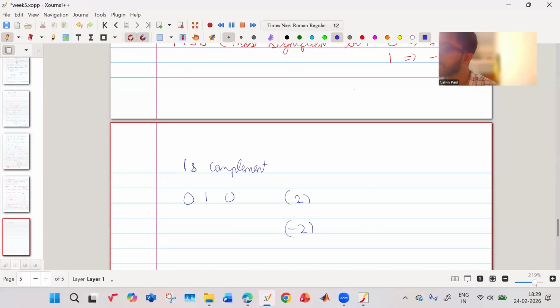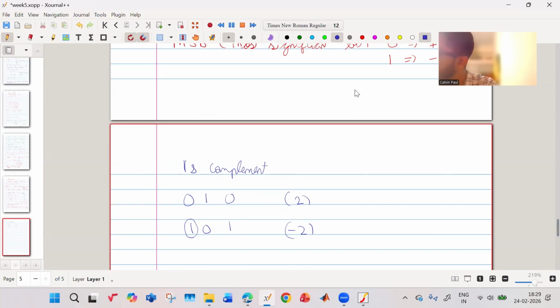What I do is I invert the bits. So this becomes 1 0 1. So what has happened is this sign bit has changed. That's changed it, so I know it is negative. And whatever was 2, you just invert all of it, you get minus 2. That is the representation of one's complement. You will also be knowing this.